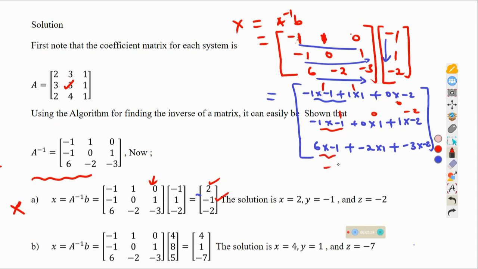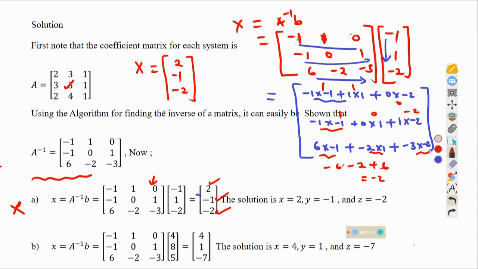Next you have negative 6 minus 2, then plus 6. So you remain with negative 2. In general, you have seen that your X is the same as 2, negative 1, and negative 2.